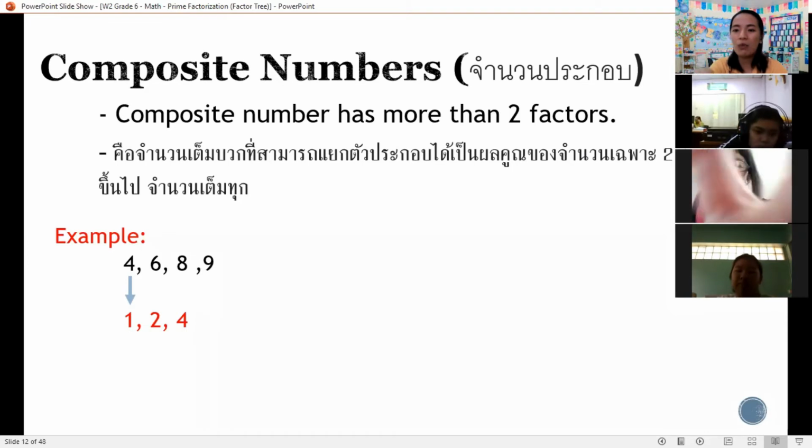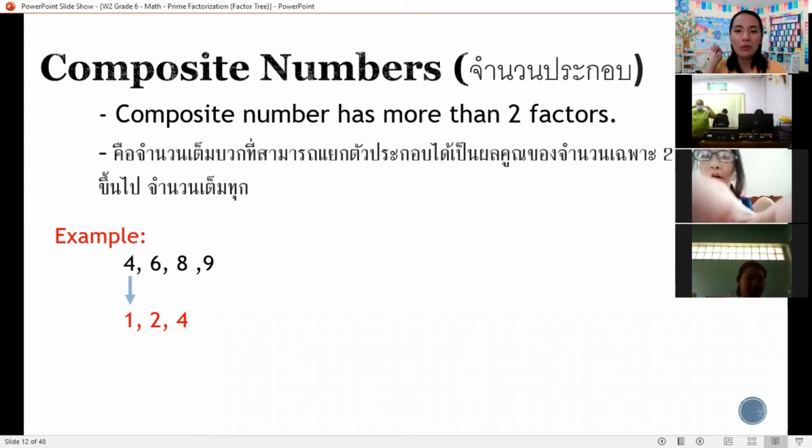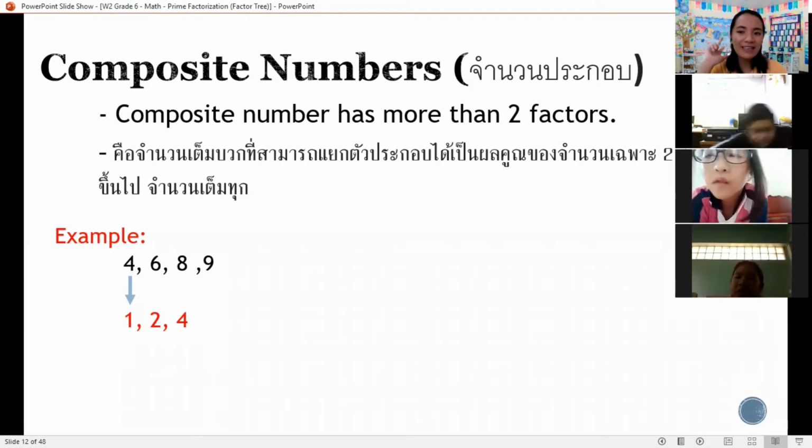For 6, we have 1. What else? 2. Very good. What else? 3. And 6. Very good, Jenny and Pat. Next, for number 8. What are the factors of 8? 1, 2, 4, and 8.